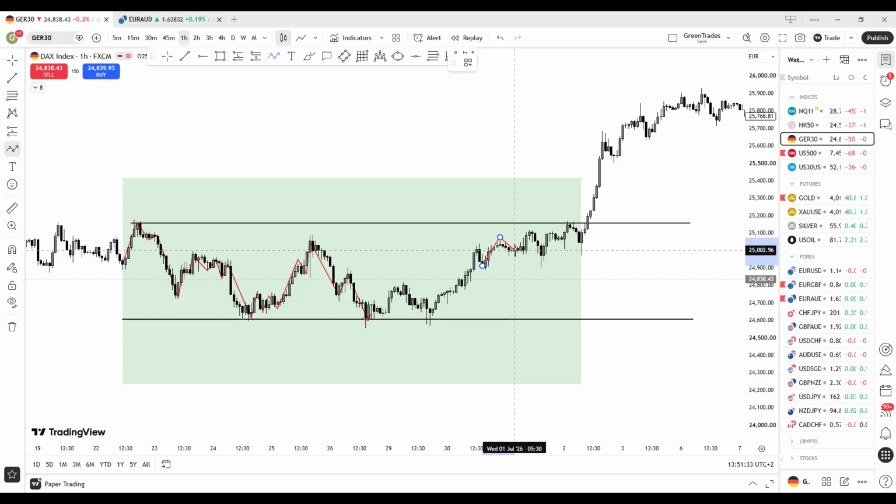So it was there, came here, came there, went there, came back here, and it broke that high. This was the last higher high that was formed, but that higher high has now been broken. So the minute a high is broken, you have to identify that as an indication of what the market wants to do.